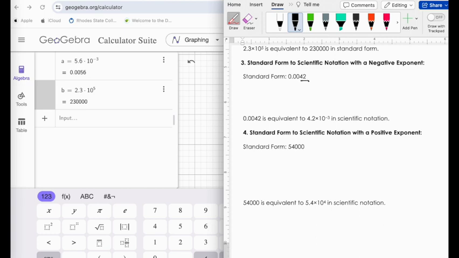If I want one digit to the left, that means I have to put the decimal between the 4 and the 2. So now we're going to move this decimal place and count how many times I move it to get between the 4 and the 2. So 1, 2, 3. So that means when I write my exponent, it's going to be 10 to the negative 3.